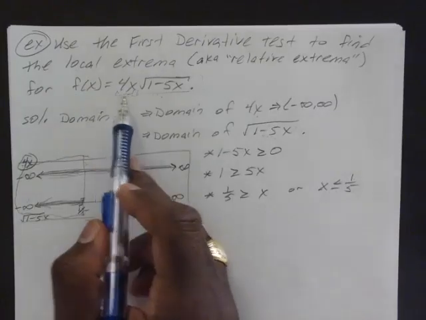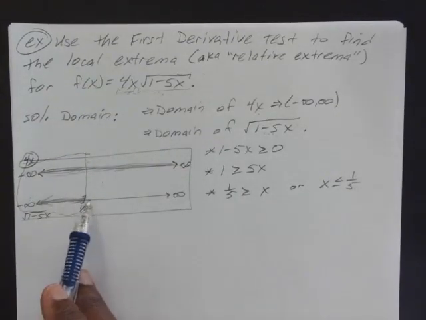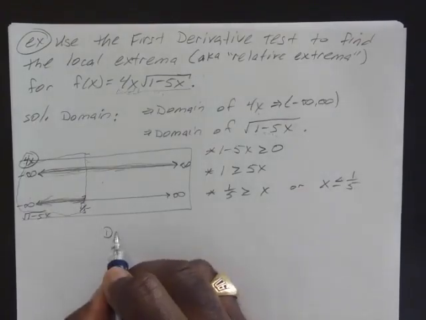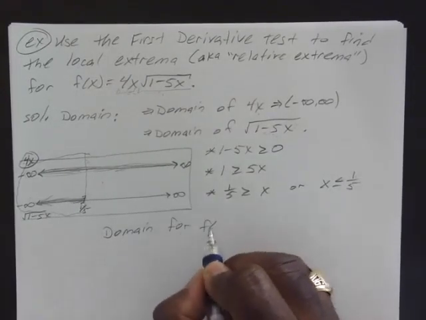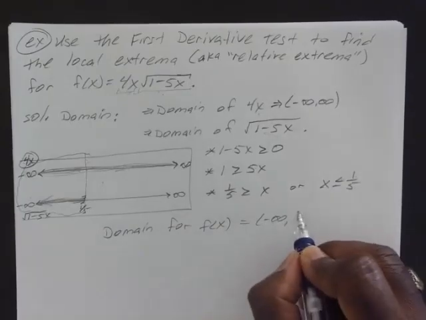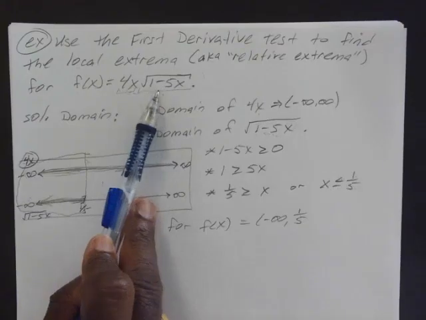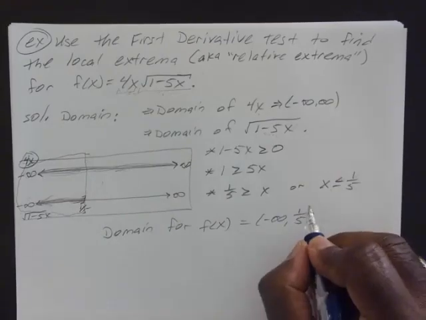So we know the domain for the entire thing is negative infinity to 1/5. And since 1/5 is included, you can have it equal 1/5 because this can equal 0. We're going to use our bracket.